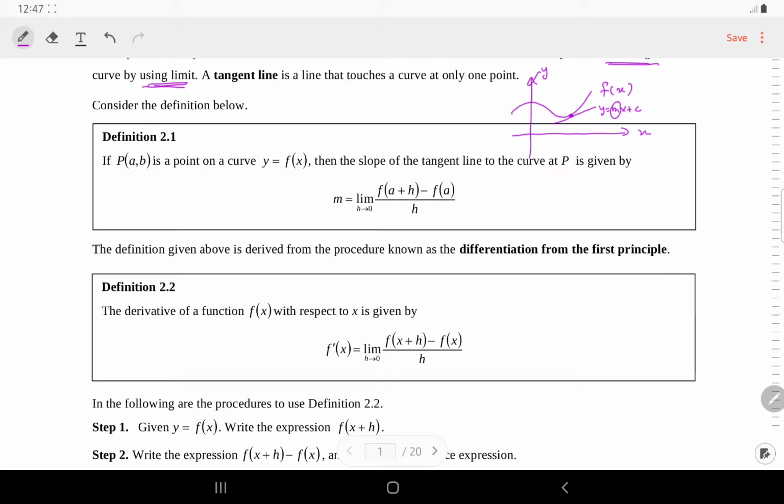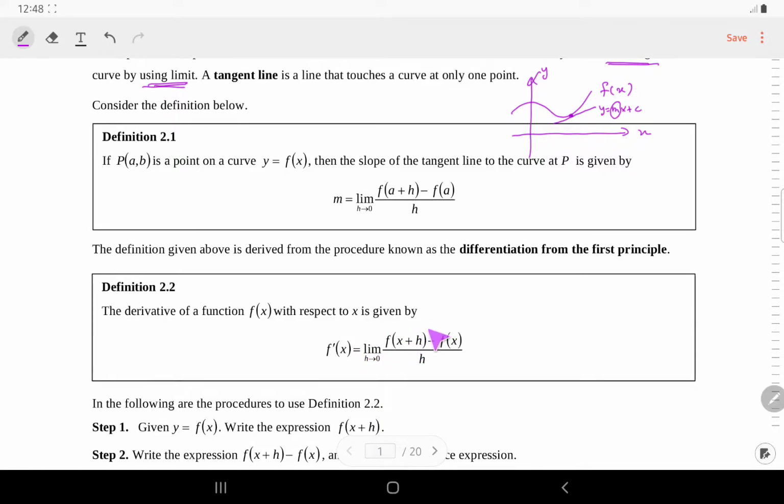Now we will try to understand the concept of differentiation from the first principle, as we always call this formula.